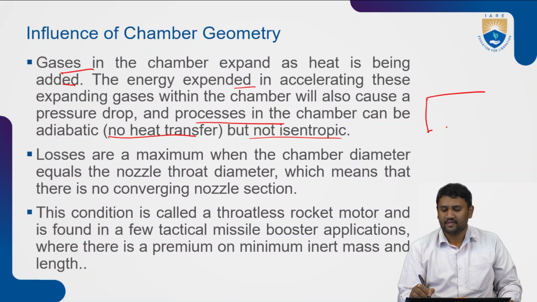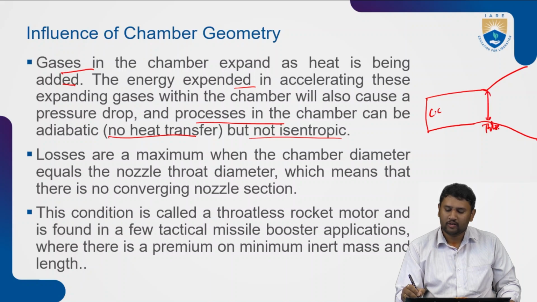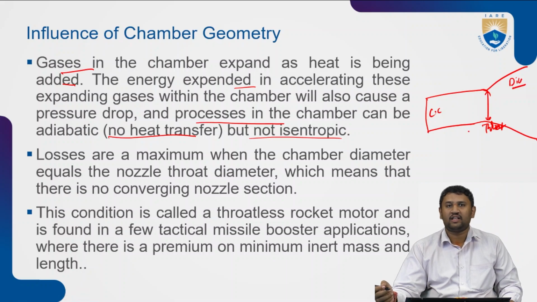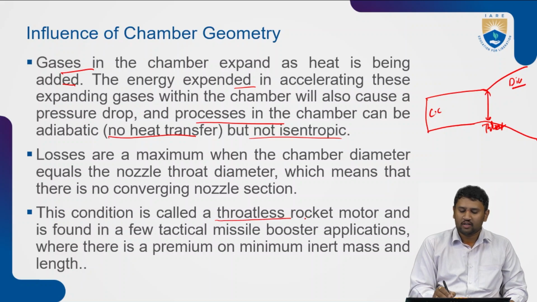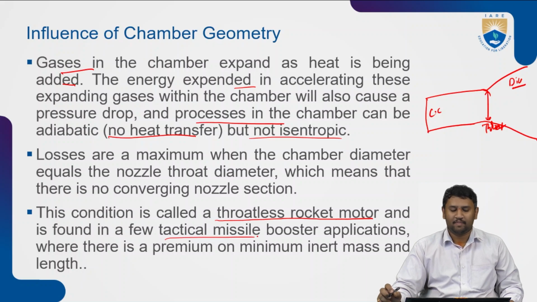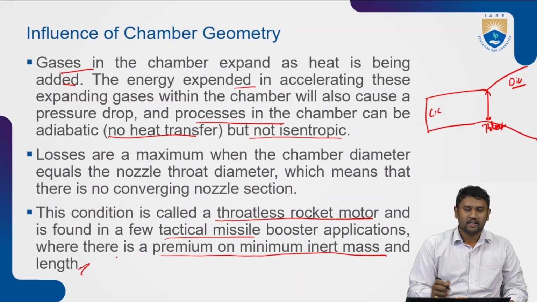That is, if this is my combustion chamber, throat, and diverging section, this type of rocket motor is called a throatless rocket motor, and it is found in a few tactical booster applications where there is a premium on minimum inert mass as well as length.